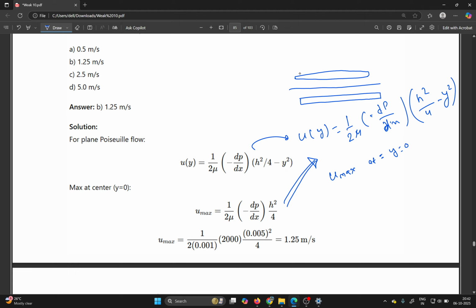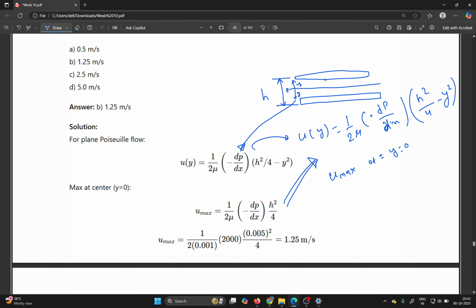Y equal to 0 means what? This is h, and you are measuring y from the centerline. This is your 0 line. Based on this assumption, this formula is derived, remember.